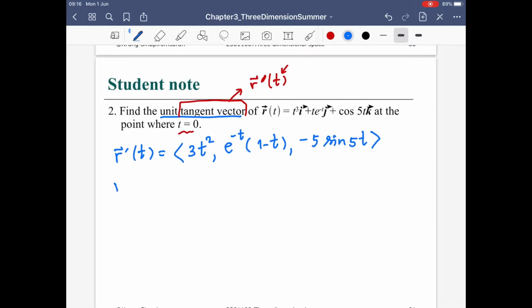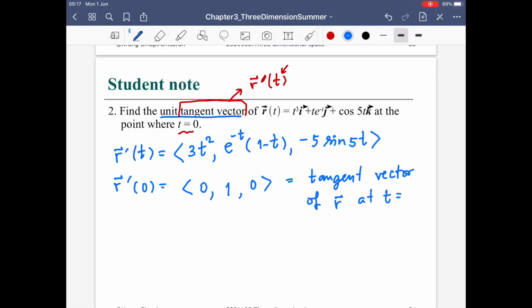You replace t by 0, so you get 0, 1, and 0. So this is a tangent vector of your r at the point t equals 0.